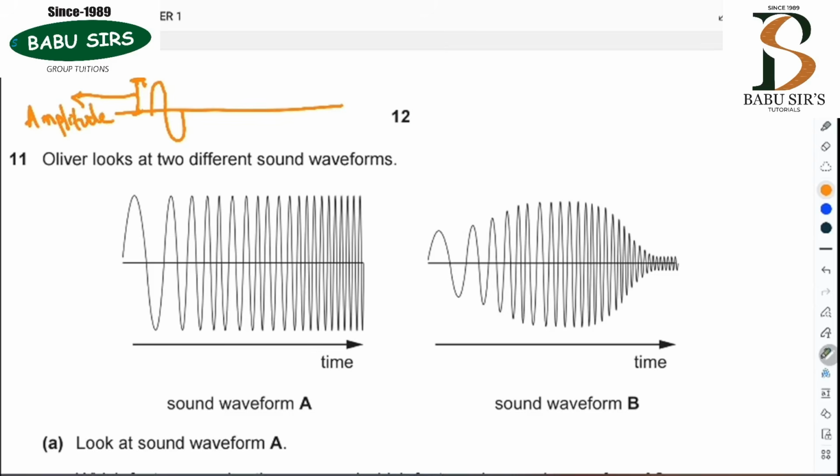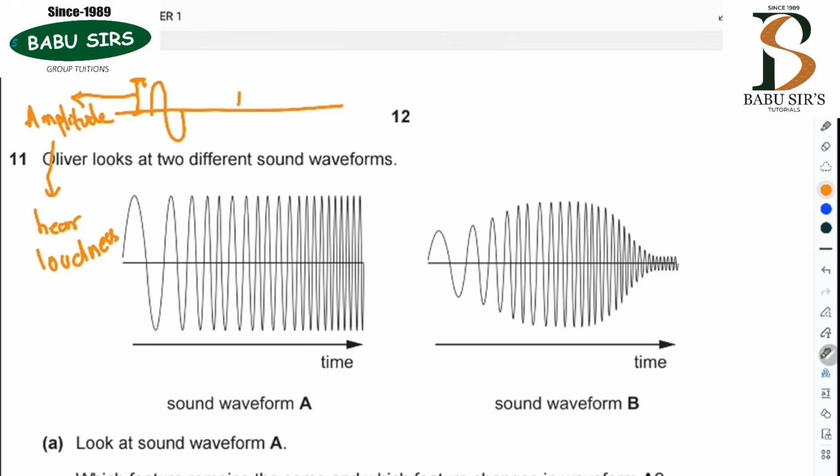By the wave, that is the amplitude, but when you hear it, it is loudness. That means the more the height of the wave, the louder it will be.